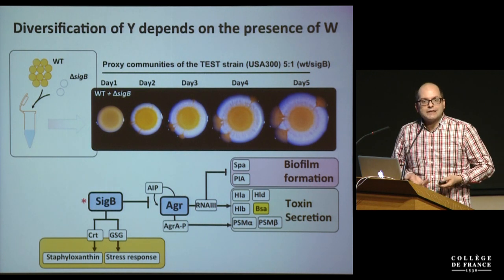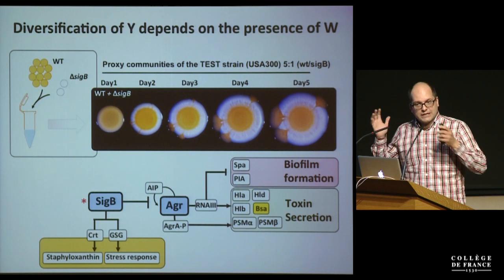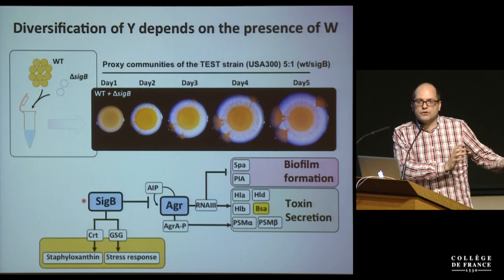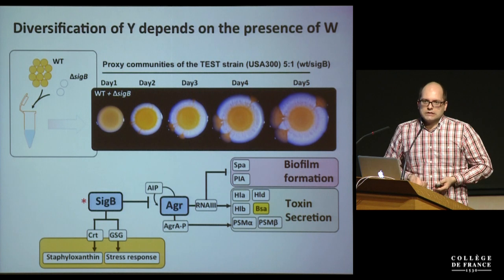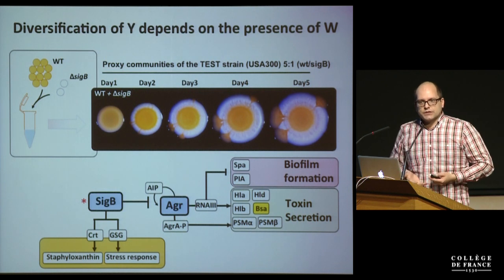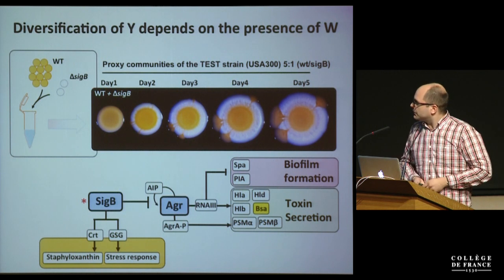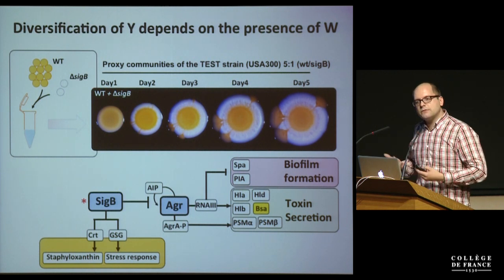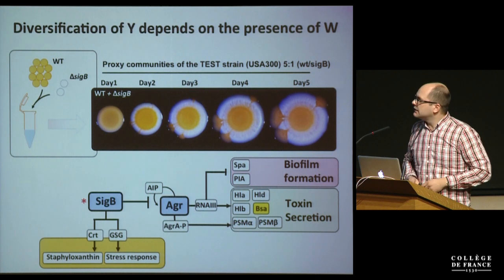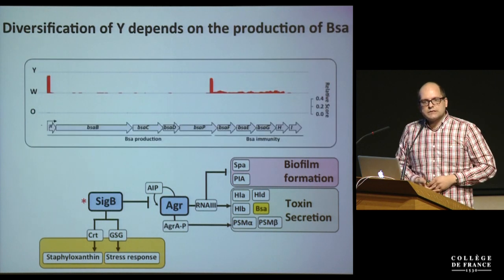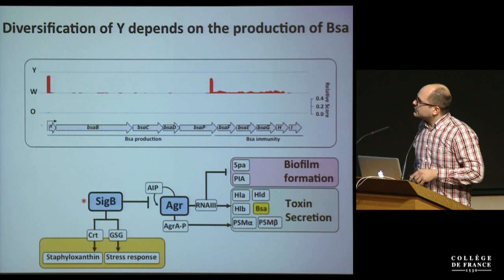It's an antibiotic. It's called BSA because it's a bacteriocin of Staphylococcus aureus. And it is well known the biological pressure that antibiotics put on bacteria to evolve mutations and to resist these antibiotics. So we immediately went to the RNA-seq data to see how the expression of this bacteriocin is in the white strain.